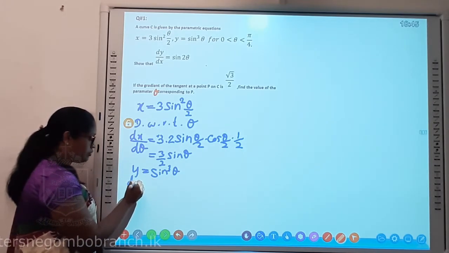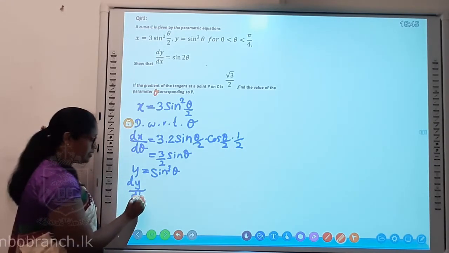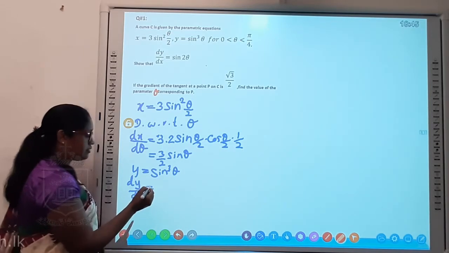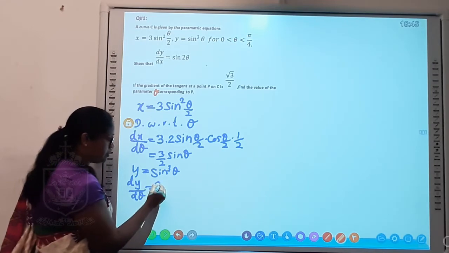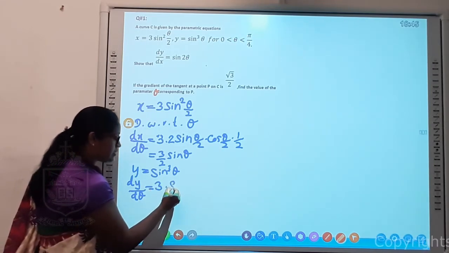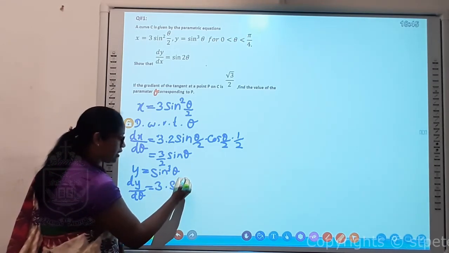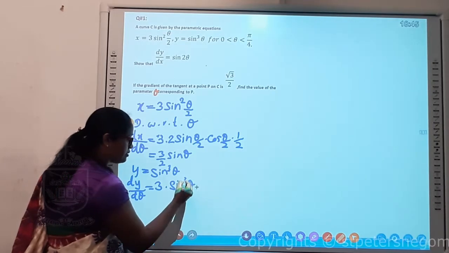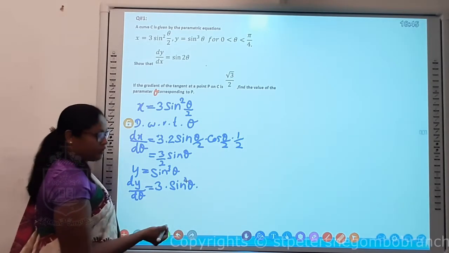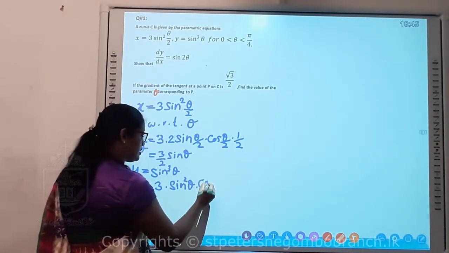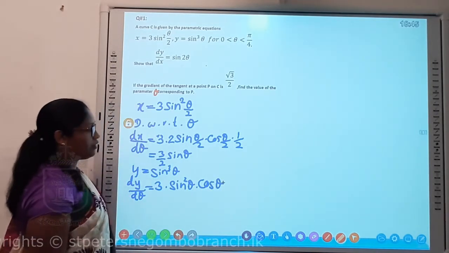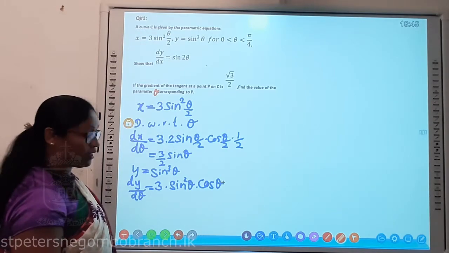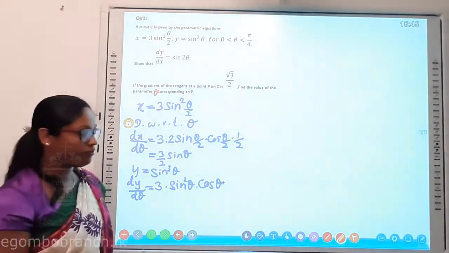So dy over d theta is equal to, first we differentiate the power as per the chain rule, that is 3 times sine squared theta times, and then we differentiate the sine, it is cos theta. Now we found dx over d theta and dy over d theta.